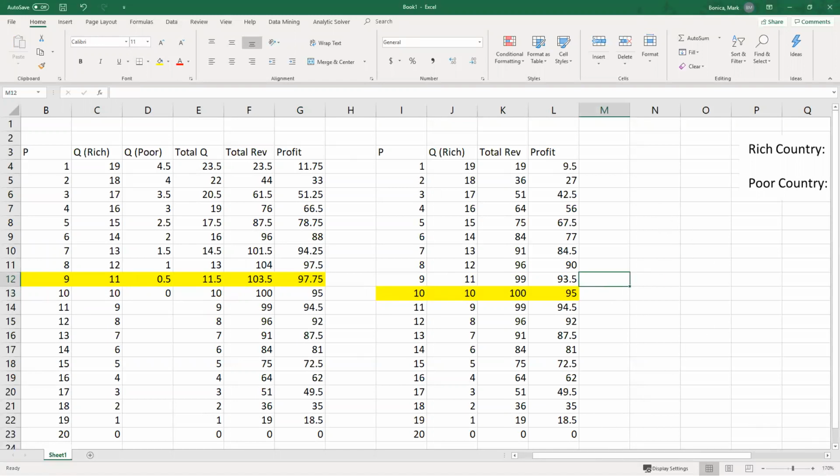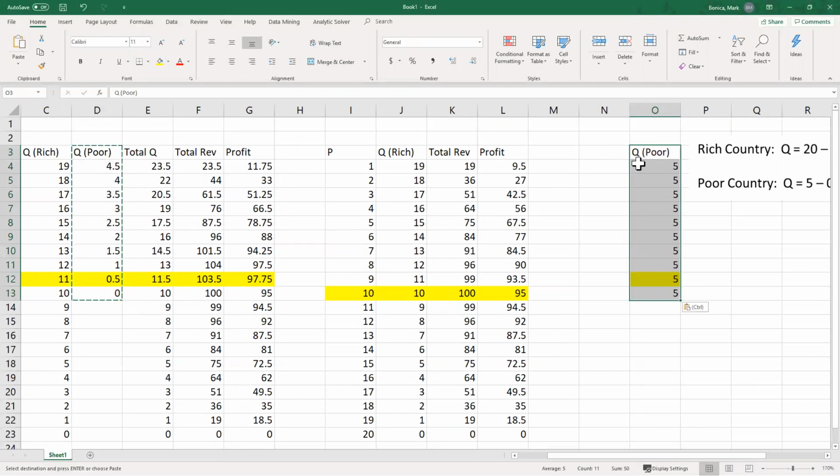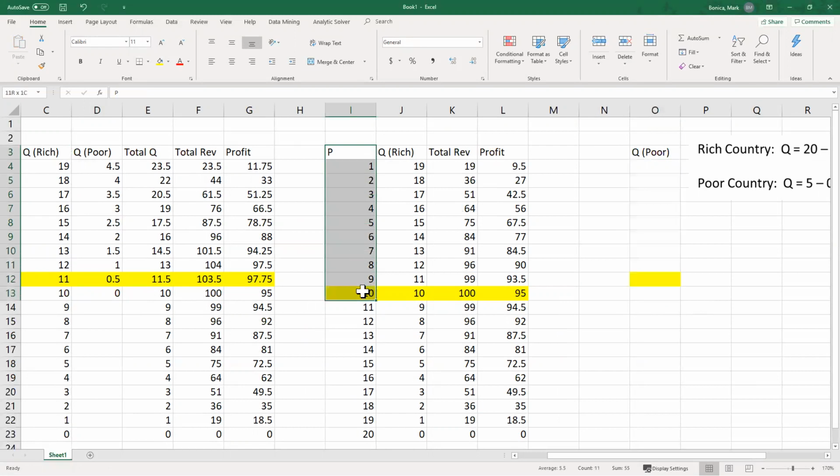Let's move over and make a little space. And then we can do the poor country, demand function down. And let's copy the price.